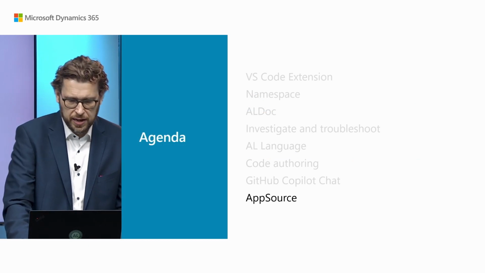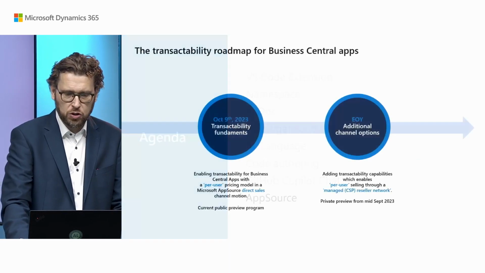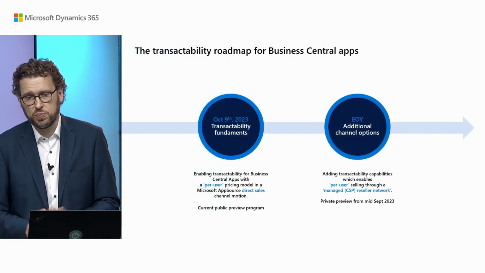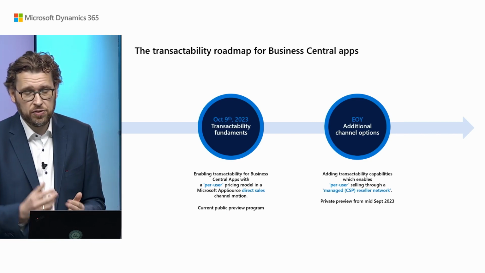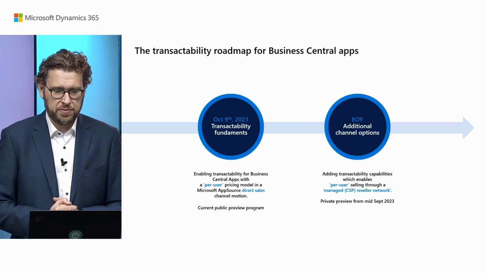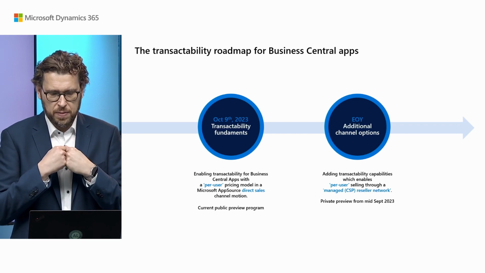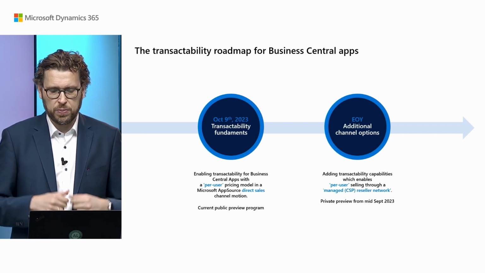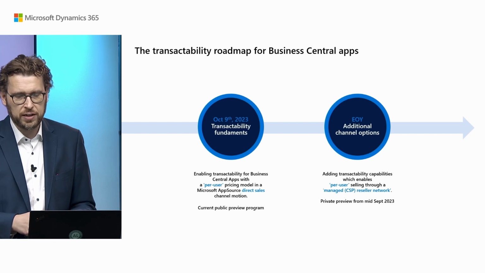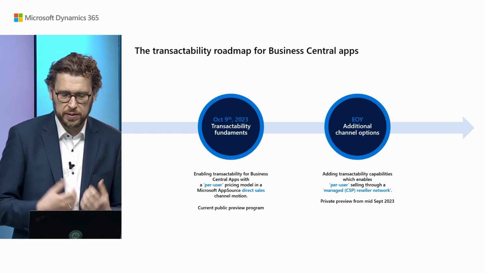So let's end with just an update on AppSource and specifically transactability. You probably heard about that. We have the first wave of functionality with a per user pricing model that supports the direct sales channel in Microsoft AppSource. So that's primarily credit card.